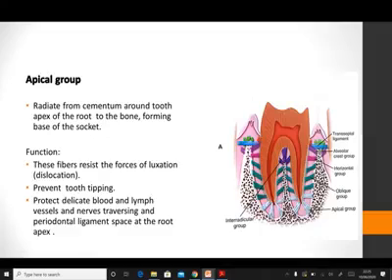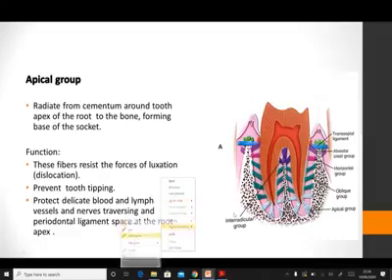So these crystal colored fibers that you can see here, this ice blue group, is your apical group. It is radiating from the cementum at the root apex, and then it is inserting into the alveolar bone that forms the base of your socket here. So these are the apical group fibers.